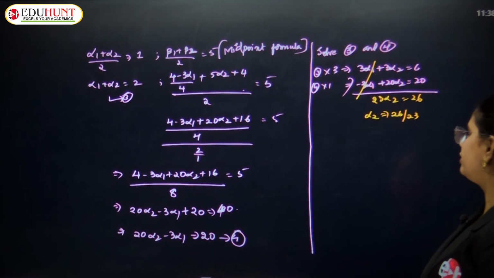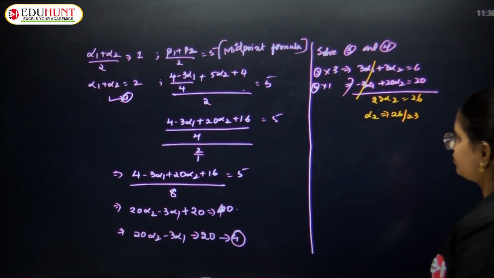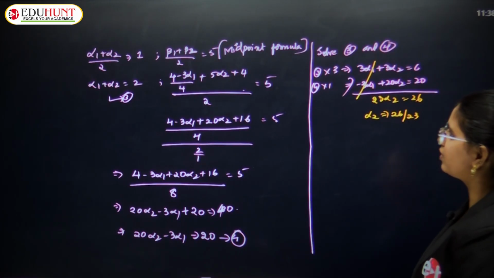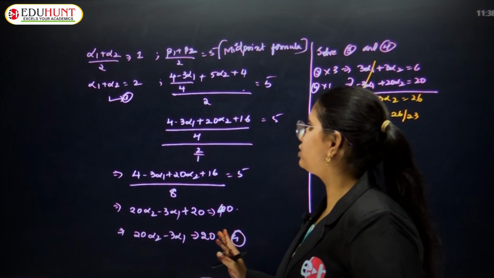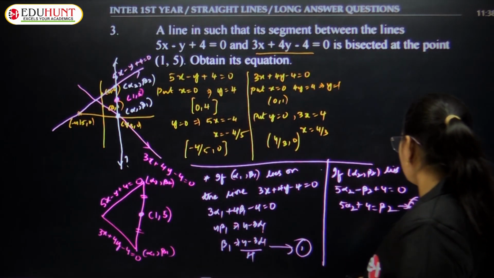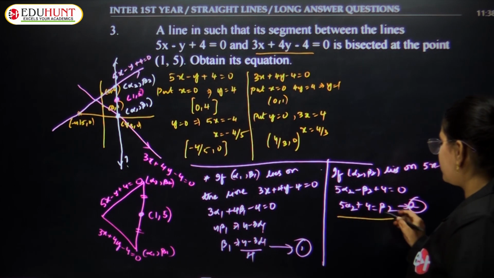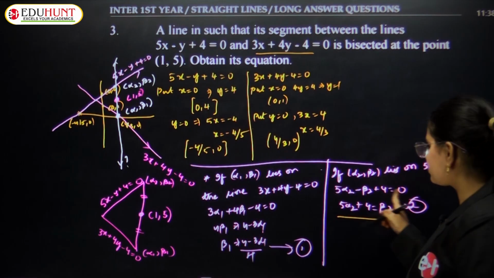26 by 23. Now we need to find the value of beta 2. So let us substitute that. In order to find the value of beta 2, we have the equation 5 alpha 2 plus 4, which is beta 2. Correct?